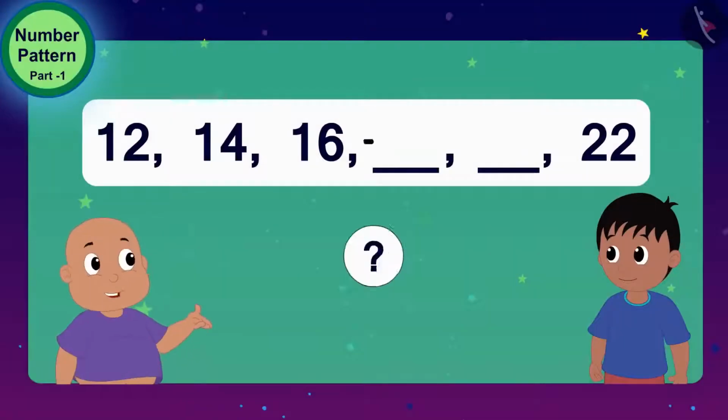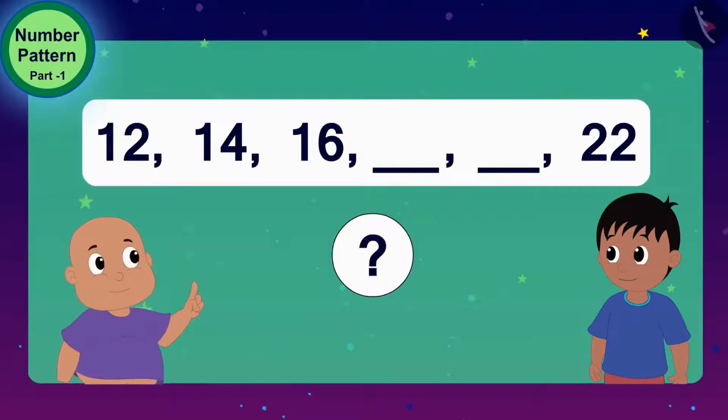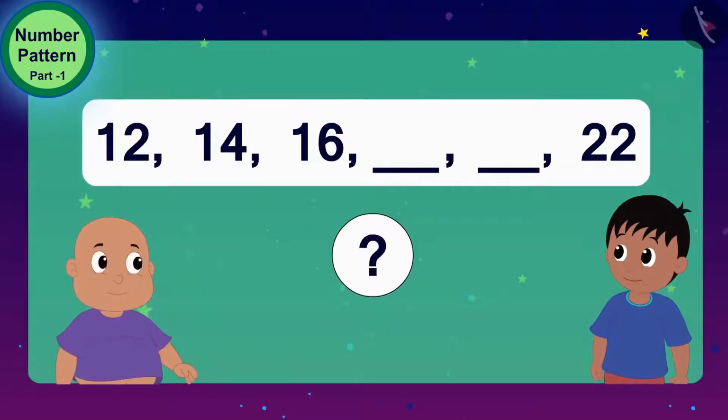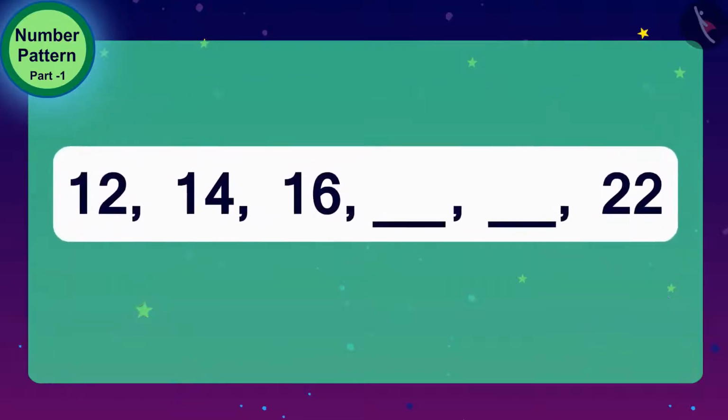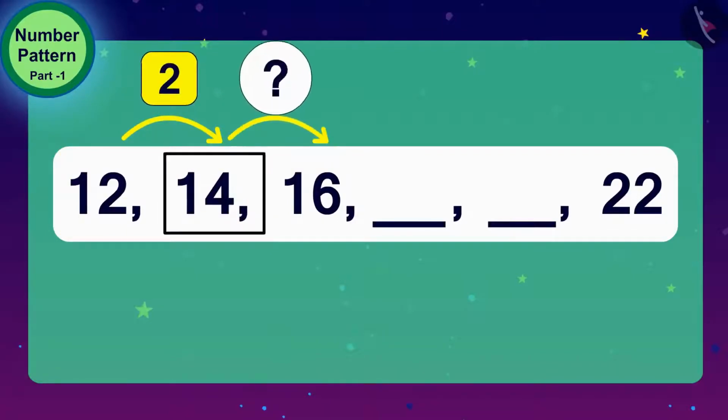Raju, do you see any rules in these numbers? Bablu, let's take a closer look at these numbers. Bablu, can you tell what is the difference in the number between 12 and 14? Yes, 2. And what is the difference between 14 and 16?